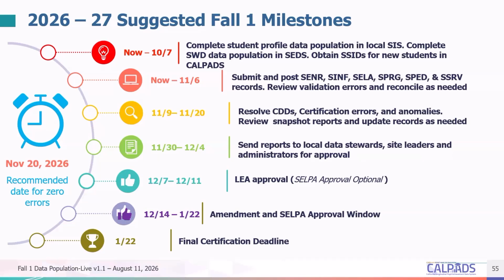You're completing the data population in CalPADS. That would also include submitting the records, posting the SENR, the student information, the CELA student program, and the special education files. By the beginning of November, you should have completed your data population.